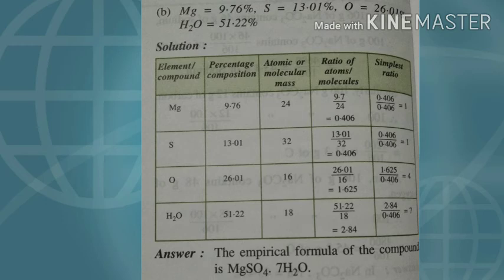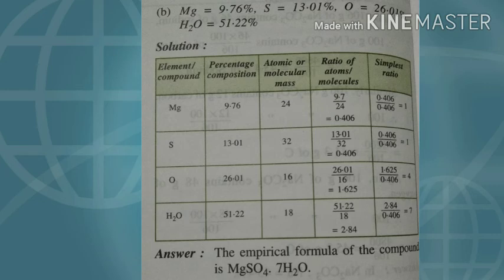For magnesium it is 1, for sulfur also it is 1, for oxygen it is 4, and for water molecule it is 7. So what will be the ratio of these elements and water molecule present in the compound? It will be 1:1:4:7. Then how can we write the empirical formula of this compound? Yes, it is Mg1S1O4.